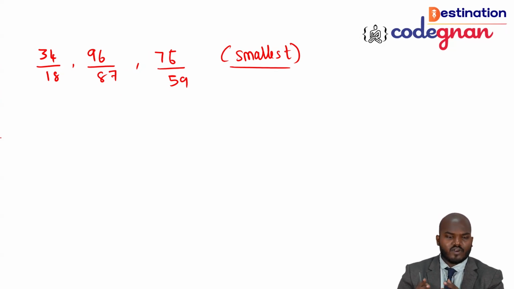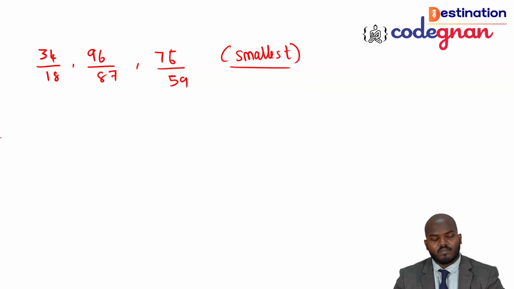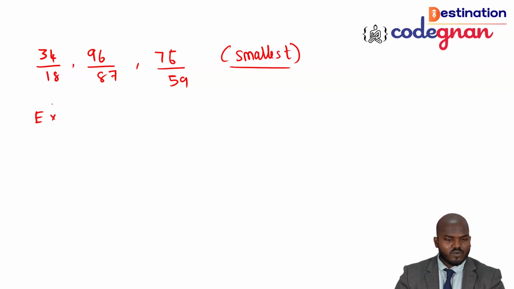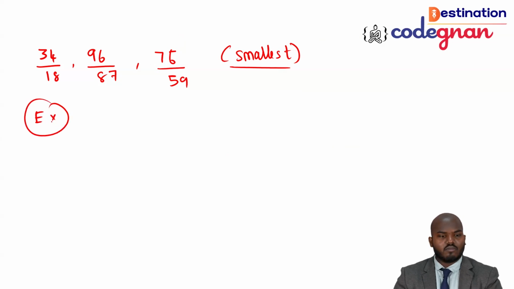All the fractions have different numbers, LCMs, prime numbers, everything is given, so we can't do all the operations in 1 minute. So we can use the elimination method here, which is one peculiar method.